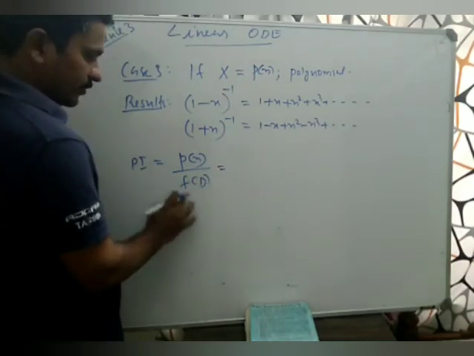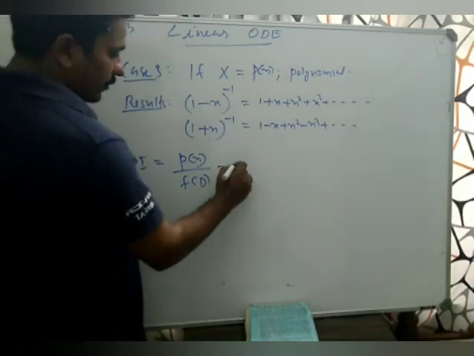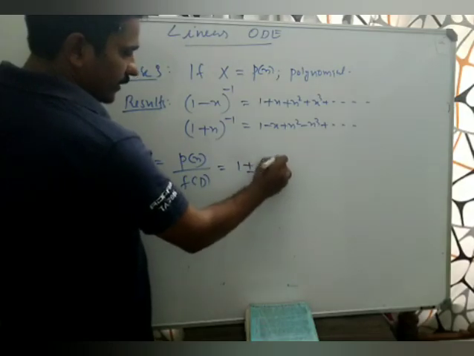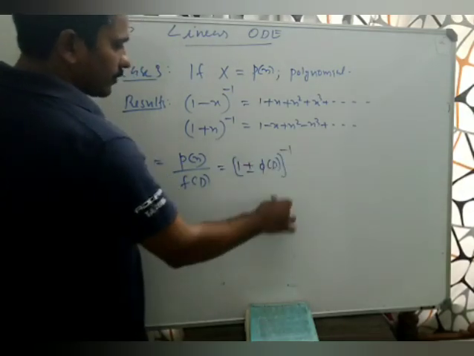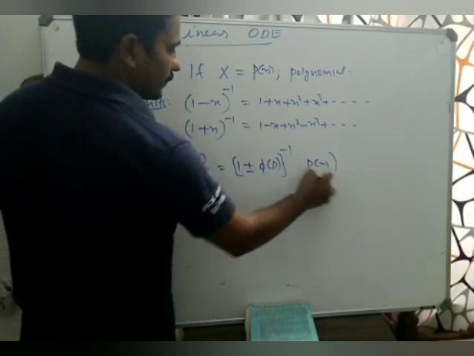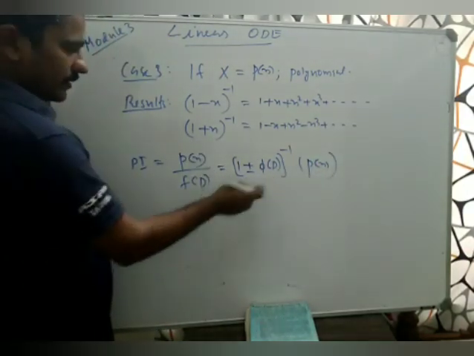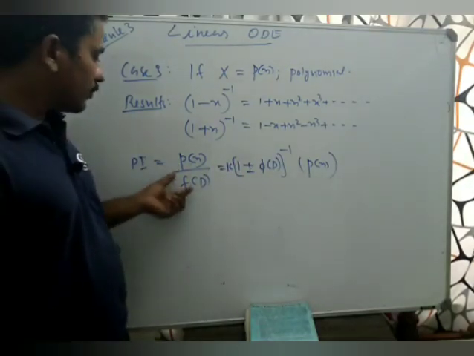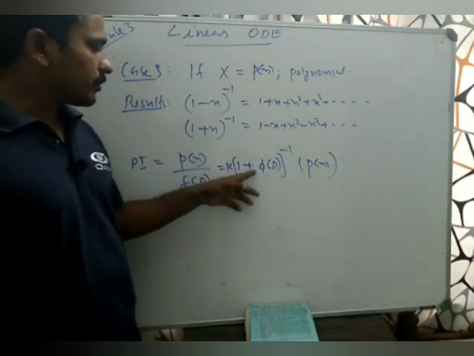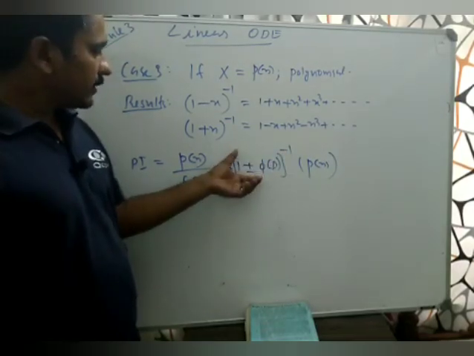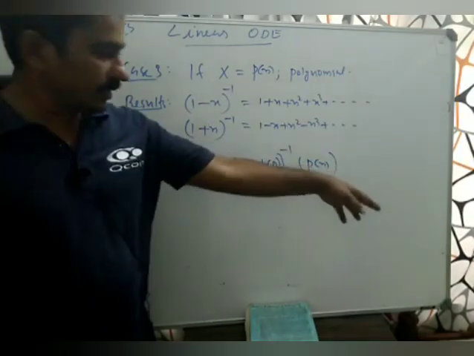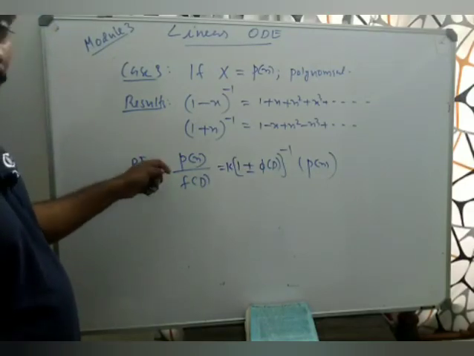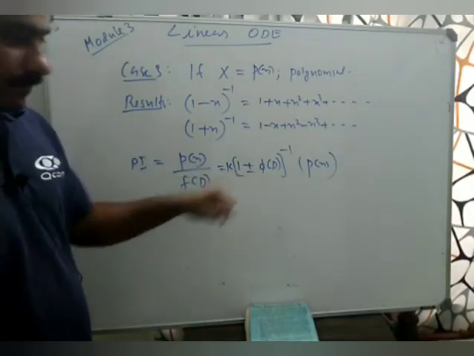That is, we have to rearrange f of d in this form, some 1 plus or minus some function of d to the power minus 1 p of x. Okay, sometimes there can be some constants outside. So rewrite 1 over f of d as some k times 1 plus or minus phi of d to the power minus 1, and use any of these two results, expand this one and multiply and simplify it. Okay, so when we do a problem, I think this will be more clear.